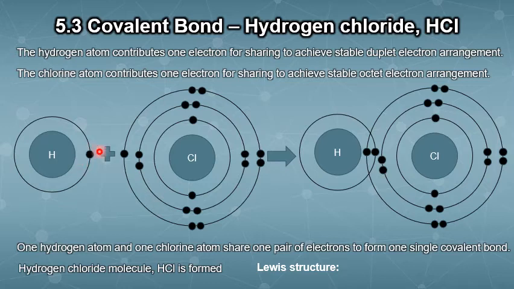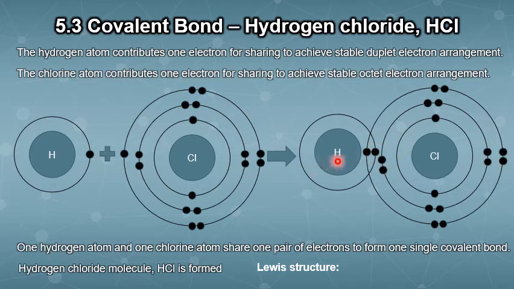The chlorine also contributes 1 electron for sharing. You look at the product here. You can see a pair of electrons. They share together. Hydrogen has 1 and it shares with the chlorine 1. Both contribute 1 electron here.